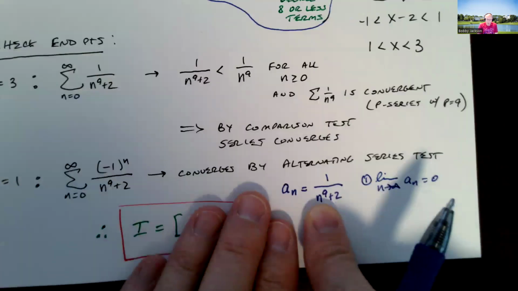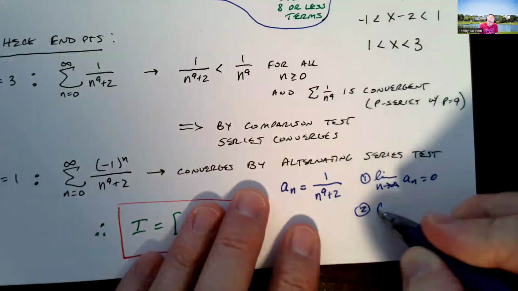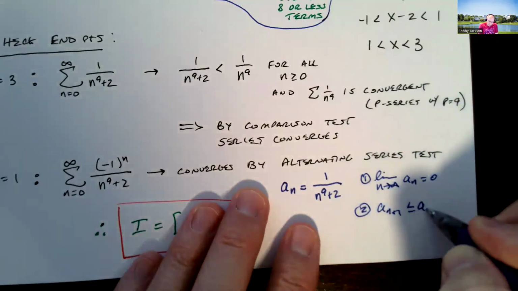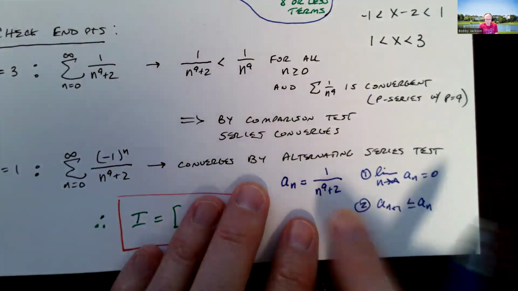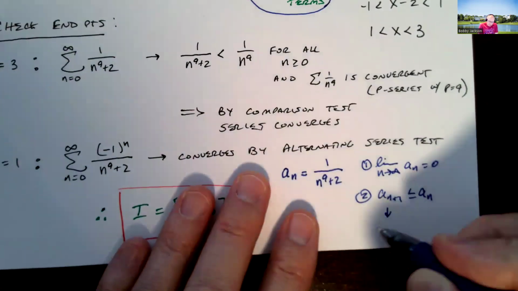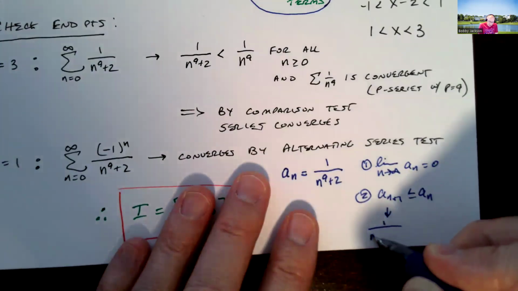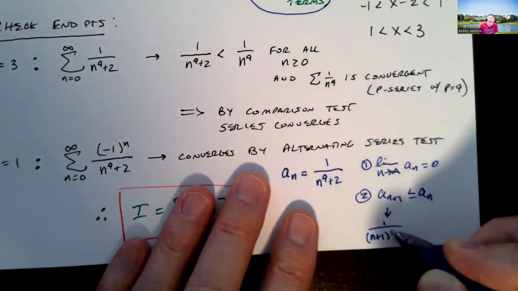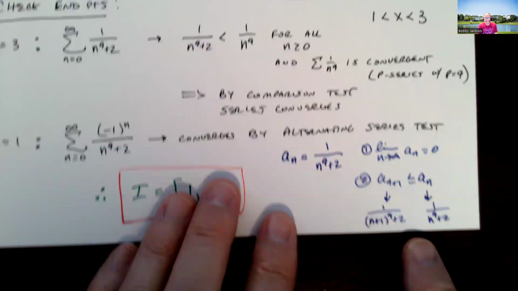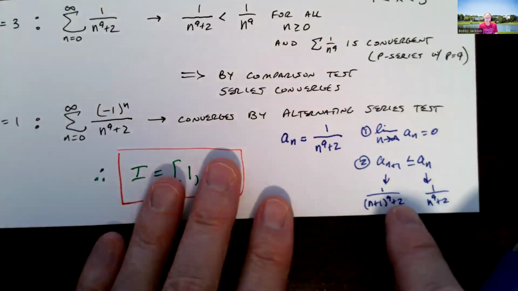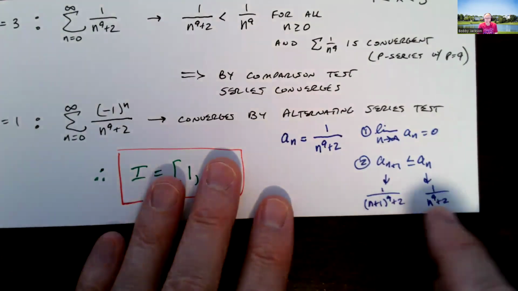We can see that, I hope. Then number 2, we have to show that a sub n plus 1 is always less than or equal to a sub n, and that's going to be true. a sub n plus 1 will be 1 over n plus 1 to the ninth plus 2, whereas a sub n is just 1 over n to the ninth plus 2. You have the same 1 in the numerator, and the plus 2 is the same.